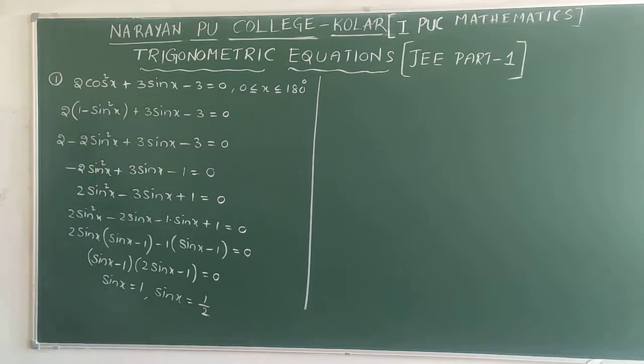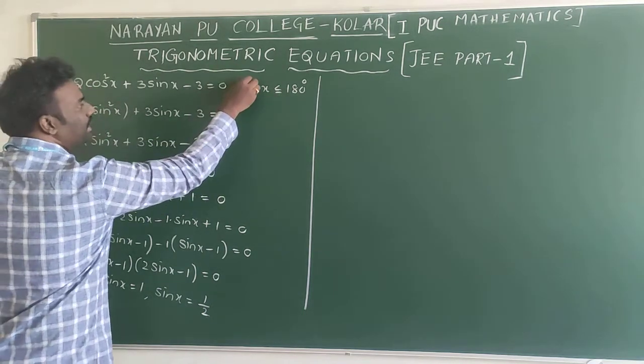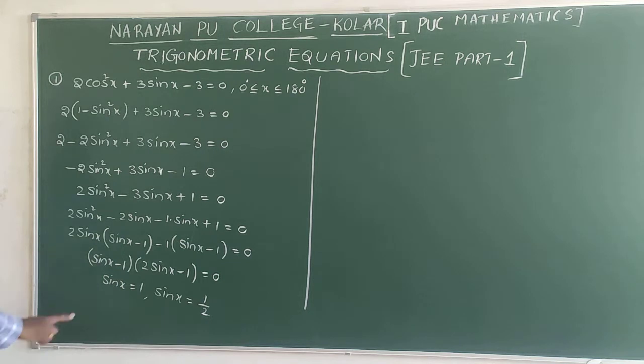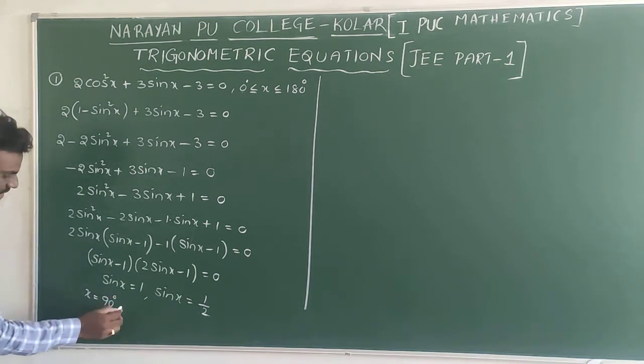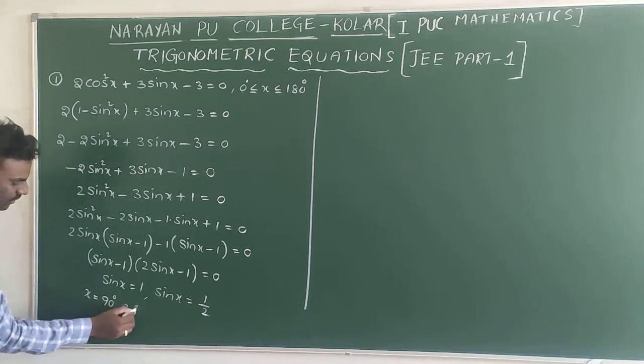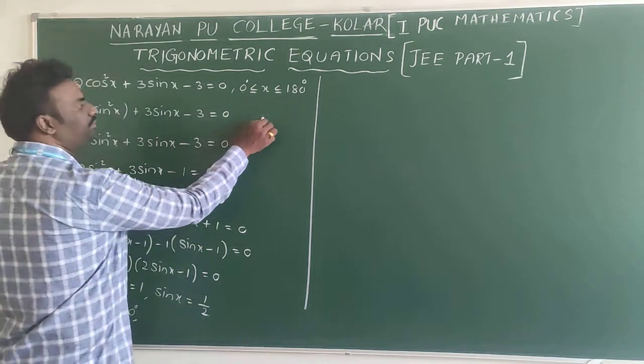But in this question they given x value is from 0 to 180. So when sin value becomes 1, x equals to 90 degrees. Next, when sin value is 1 by 2, x is 30 degrees. Next, again when sin value 1 by 2, you will get sin 150 also.